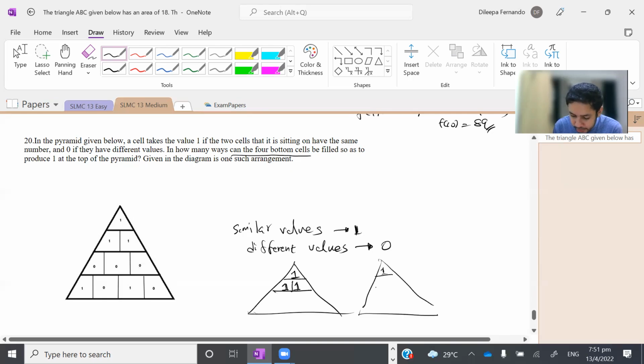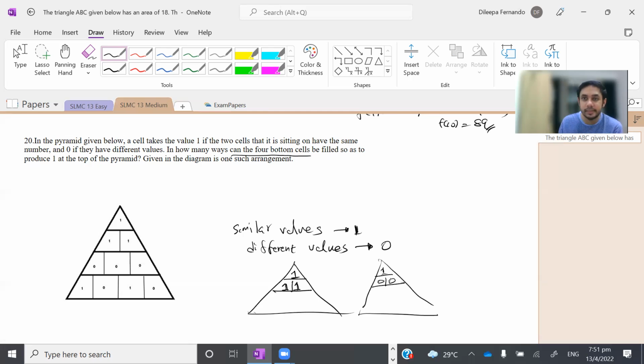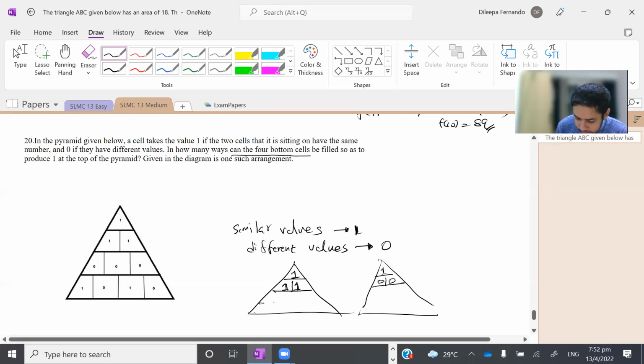And if you start with 0, there is only one configuration that is possible. And for each considered configuration, in the next level also, the next value is totally determined. There's no choice. If you start with 0, for the top one to be 1, this must be 0, and this must be 0.